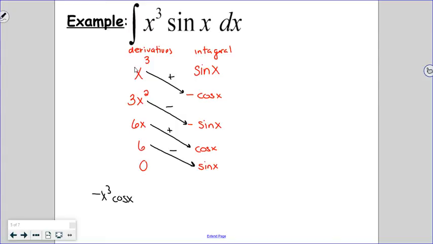On the next diagonal, I have that I'm subtracting it, but it's also got a negative in it. So minus and negative becomes plus 3x squared sine x. Next diagonal is just all positive, so plus 6x cosine x and minus 6 sine x. And if I were to stop there, what's wrong with my answer? Plus c.